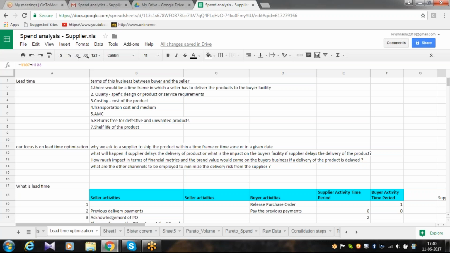If on time, is it as per the requirement of the users? Then how can we take better decisions to get a better lead time? Even if suppliers are giving it on time, how can we reduce lead time further? Is there any possibility? Can we give the order to some other supplier for the same product so that we can get a better lead time?